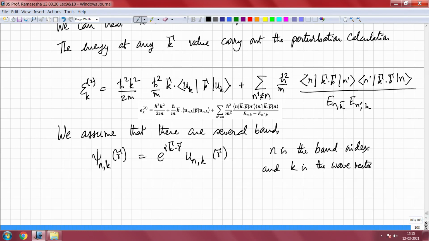So, when I want to carry out these calculations, for the first order I have k·⟨u_nk|p|u_nk⟩, and for the second order, when I say n and n', this n is equal to u_nk.